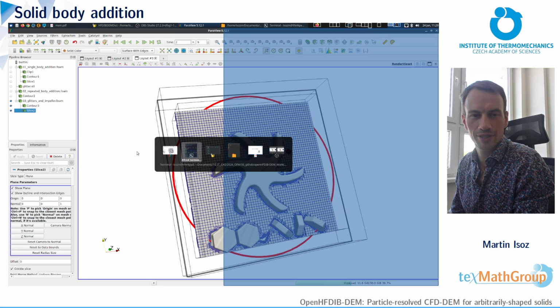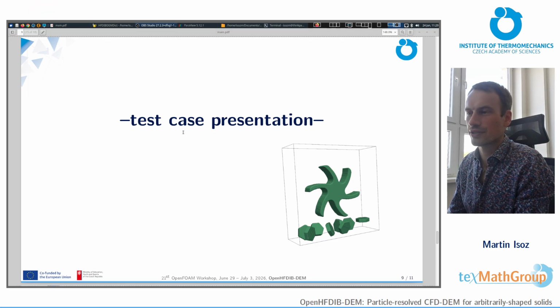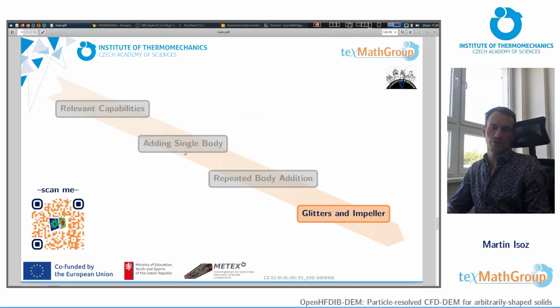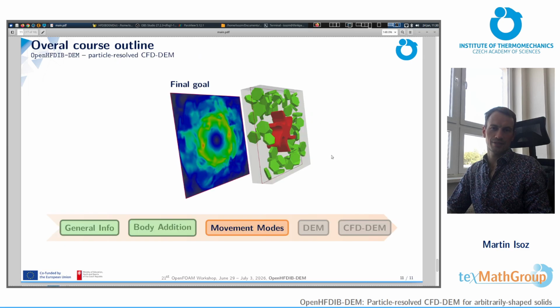That's it basically. So let's go back to our presentation in here. What we did now is that we went through adding a single body, repeated body addition, and then we constructed a simulation where the glitters and impeller are present, and that completed our tutorial on body addition in OpenHFDIB-DEM.